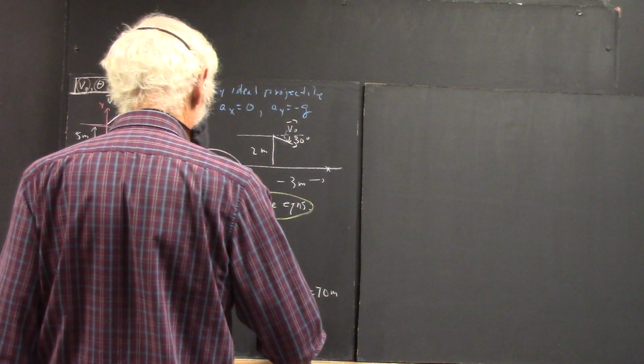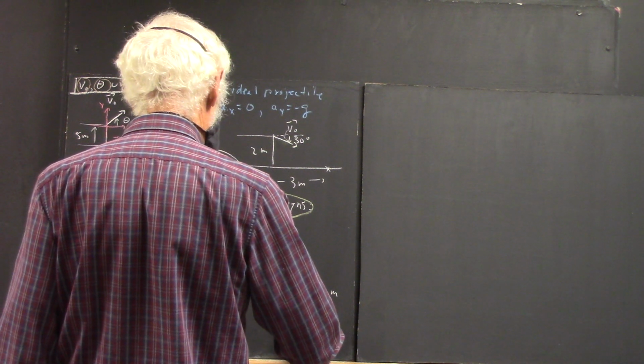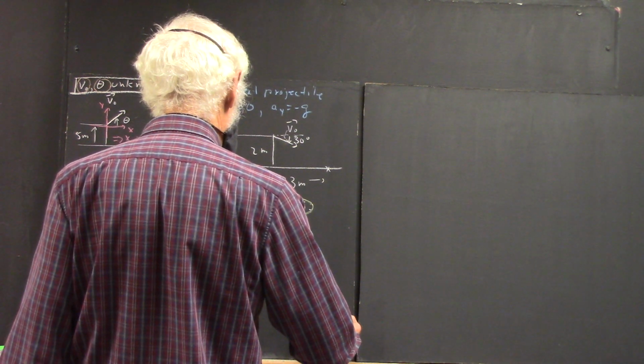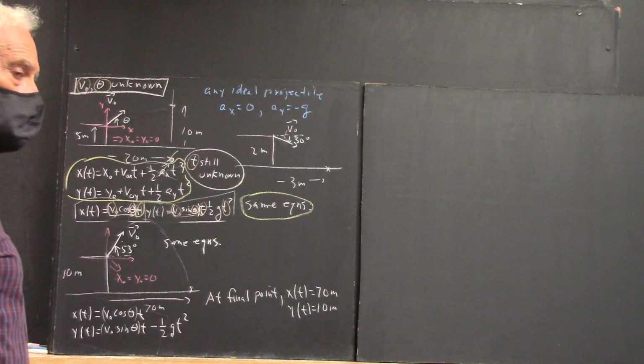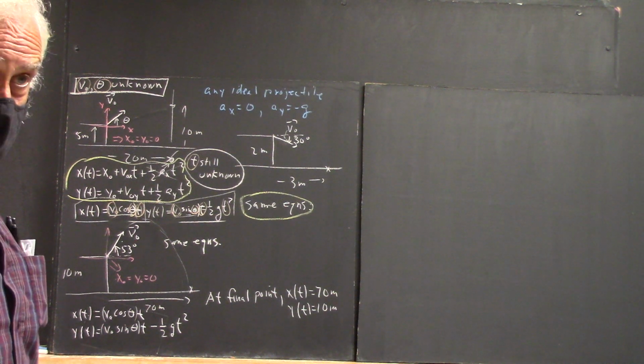Also, y of t is negative 10 meters, and that's going to be problematic.